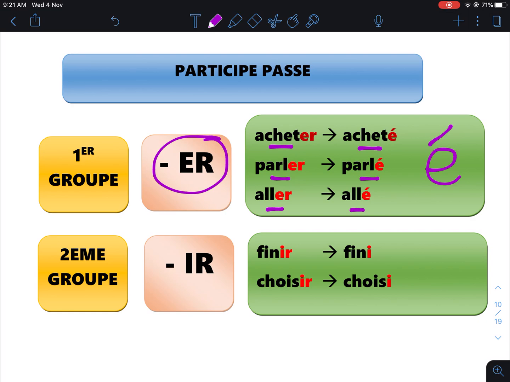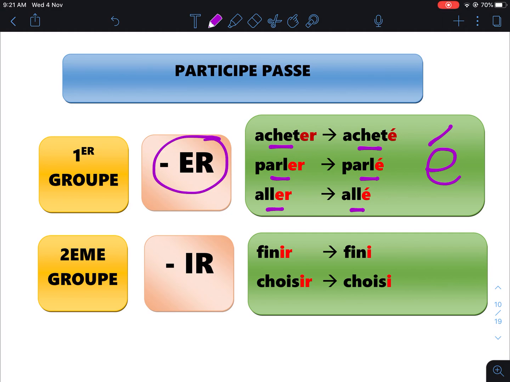Please notice the verbs are spelled differently, but the pronunciation stays the same. Acheter means to buy, parler to speak, aller to go.